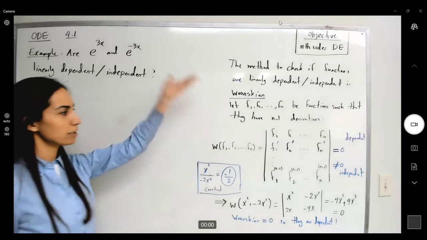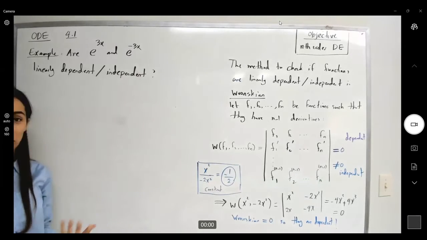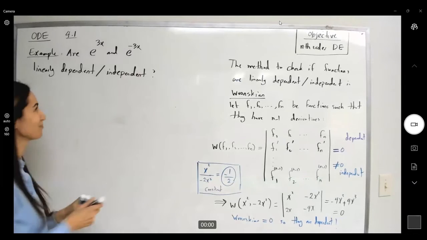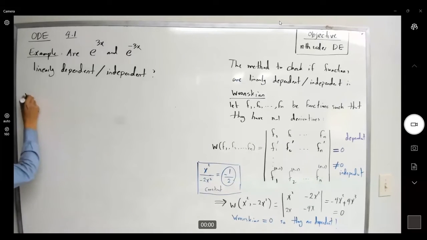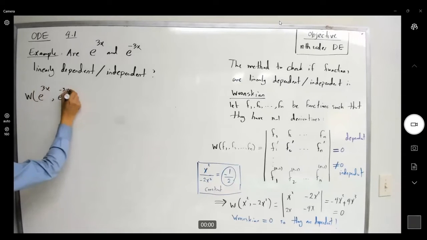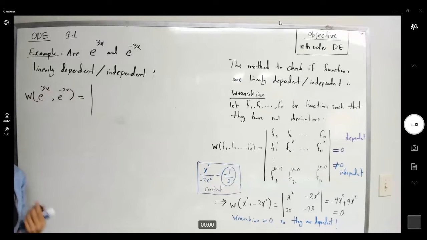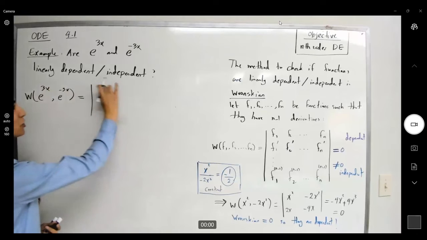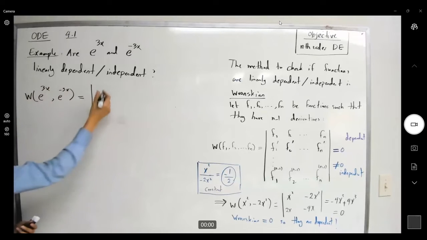Since I have a technique, the Wronskian, I'm going to apply that method. Why not? The Wronskian of e to 3x and e to negative 3x is equal to the determinant of a 2 by 2 matrix. On the first row, I'm going to copy down the functions that I have.